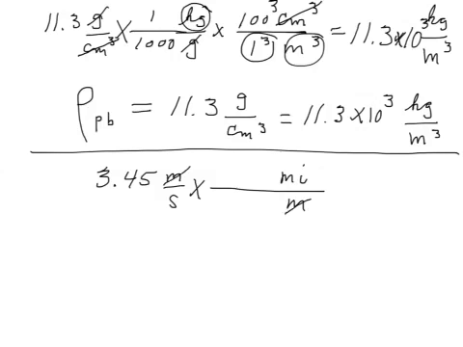I show the cancellation of the units, and so we have to look up how many meters there are in a mile. Well, I know this because I've done this problem many times. So I know there's 1609 meters in 1 mile. And I don't put any zeros with the 1 because it's exactly 1. That's exactly what a mile is.